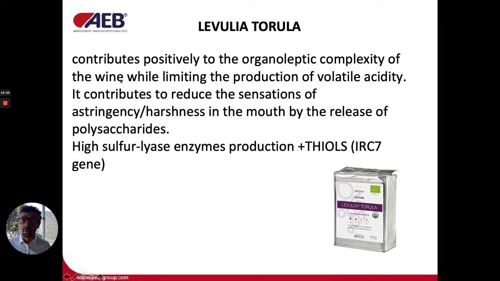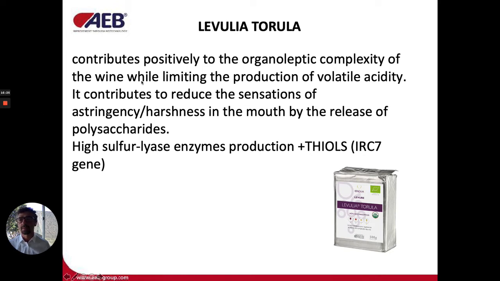So when those natural wines I just mentioned before come out good, because sometimes they'll come out good, their main feature that makes them so intriguing is the complexity of the aromatics. And that's exactly what Levulia torula will give you. That complexity without the funkiness, because it has a very low production of volatile acidity.